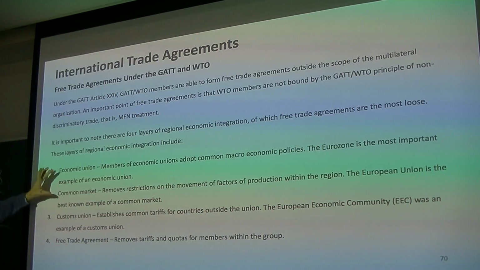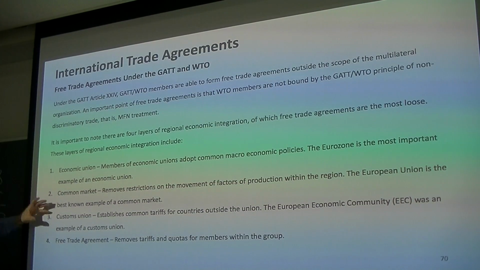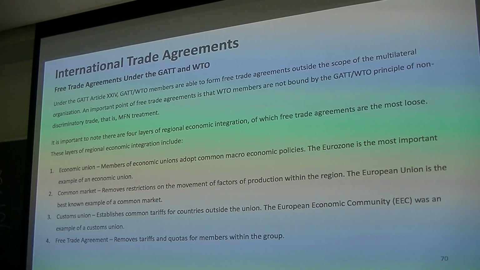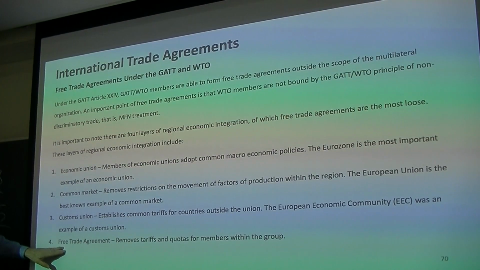These, from 1 to 4, are the looser unions. A free trade agreement is the loosest.